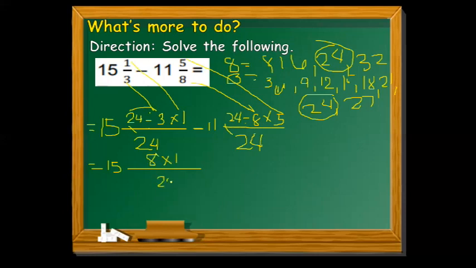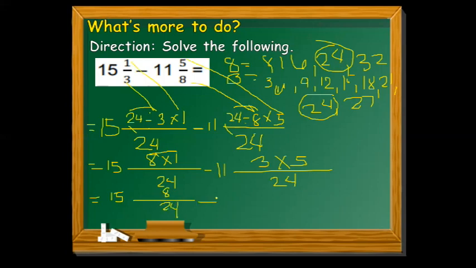Then 24. This one minus 11. Ito naman, 24 divide 8. We have 3 times 5. And then 24. So next natin, 15. So 8 times 1, we have 8 over 24.